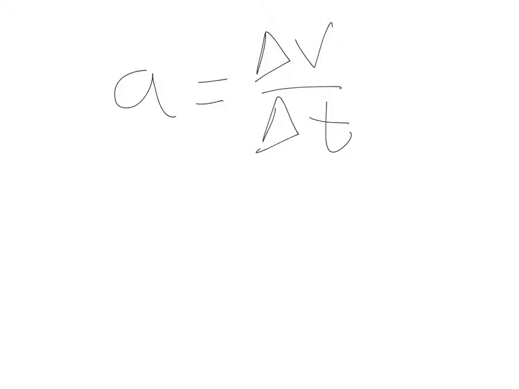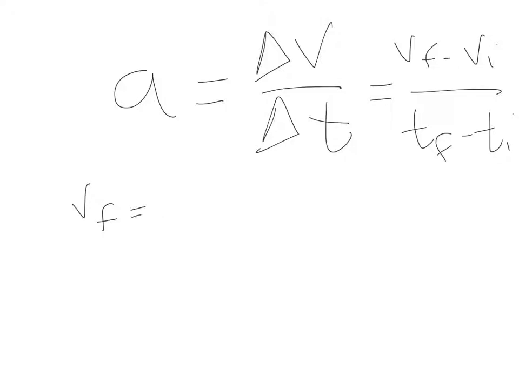Before you even touch your calculator, the first thing you need to do is list all of your variables that we know. So if we unpack this, we need VF minus VI over TF minus TI. On the side of your paper, write VF equals, VI equals, TF equals, TI equals.